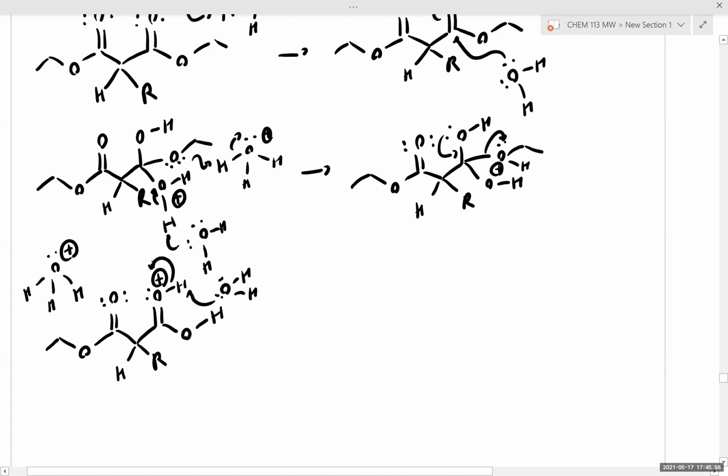So again, we're hydrolyzing the second ester, so we have to protonate the second ester carbonyl. And again, we're going to repeat this general mechanism where we protonate our carbonyl, attack with water, and after a proton transfer, we lose the equivalent of ethanol.